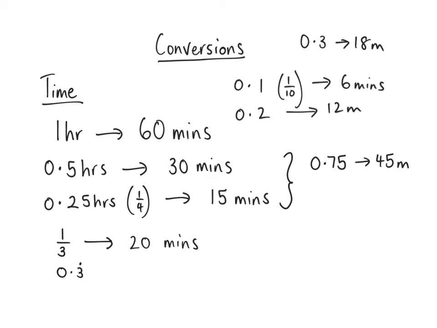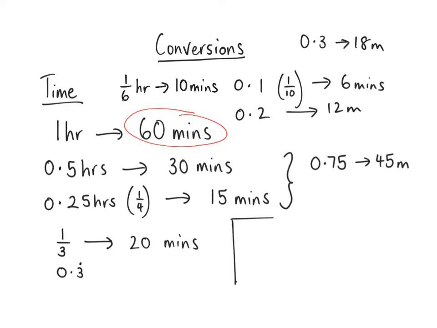There's lots of ways you can find out all sorts of amounts of time. I could find a sixth of an hour, because remember, our hour has 60 minutes in it. So anything I can divide 60 by, I can find a sixth of an hour. A sixth of an hour would be 10 minutes, because all I'm doing is dividing the 60 minutes by 6.